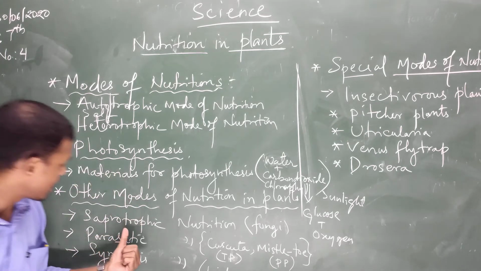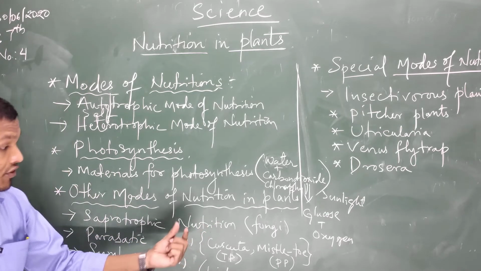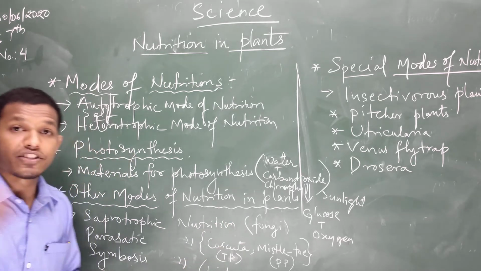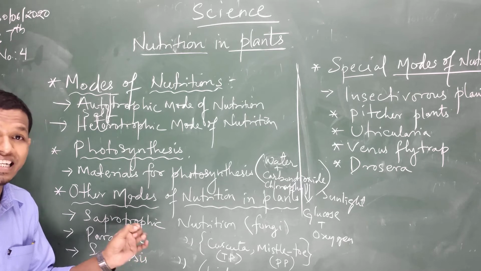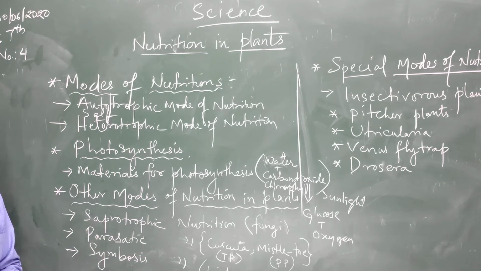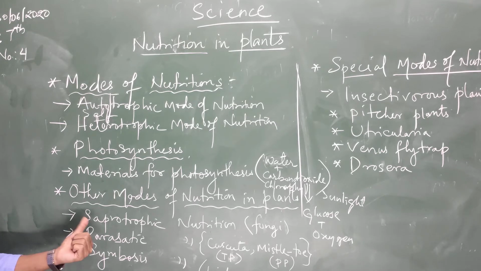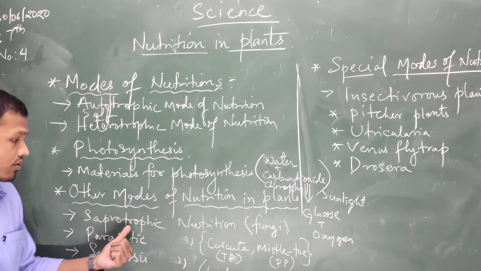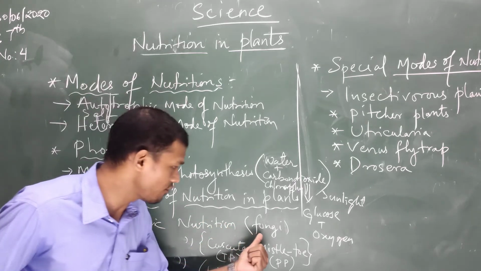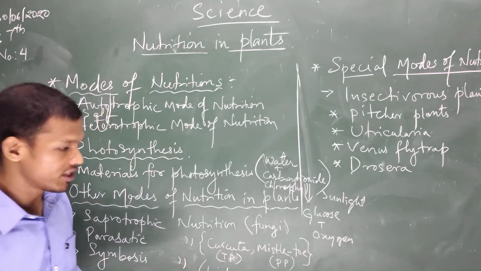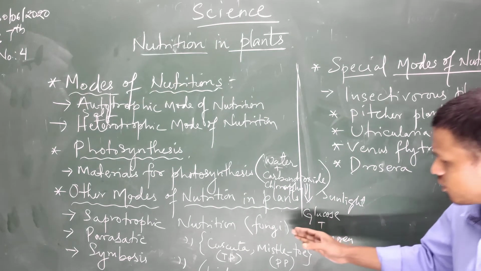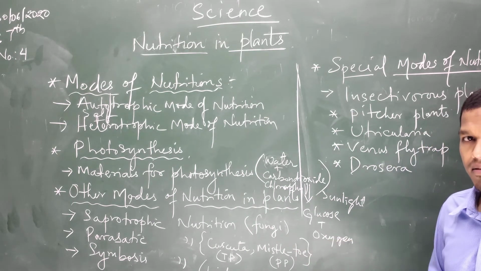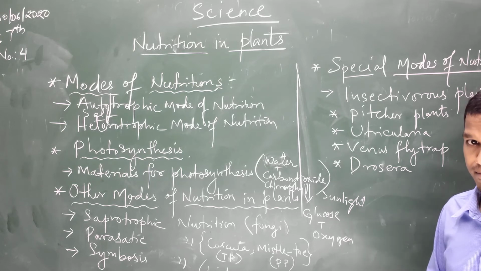So if you find there, saprotrophic nutrition means what happens? They will feed on decaying and dead living organisms. The nutrition they absorb is from dead and decaying organisms. The nutrition required by saprotrophic organisms, especially fungi, comes from dead and decaying parts of animals or plants. So what happens?